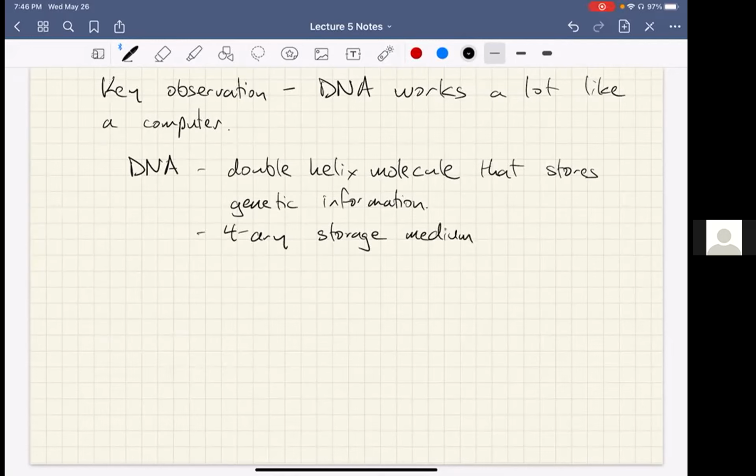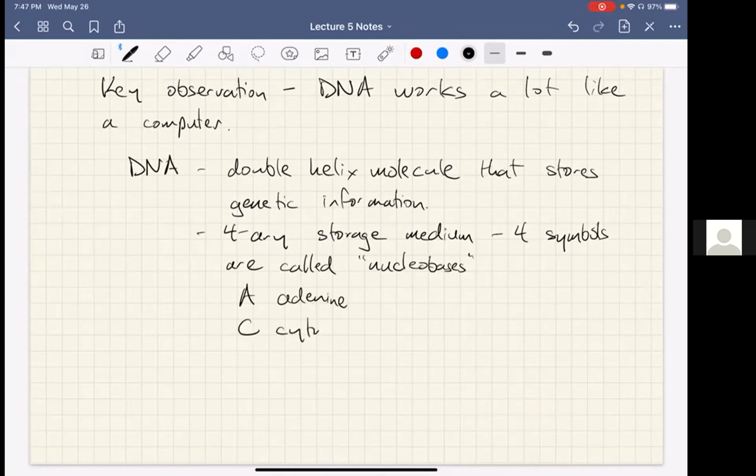And again, you probably know this, but there are the 4 symbols known by various names. We're going to call them nucleobases. There are 4 in DNA. They are called A for adenine, C for cytosine.